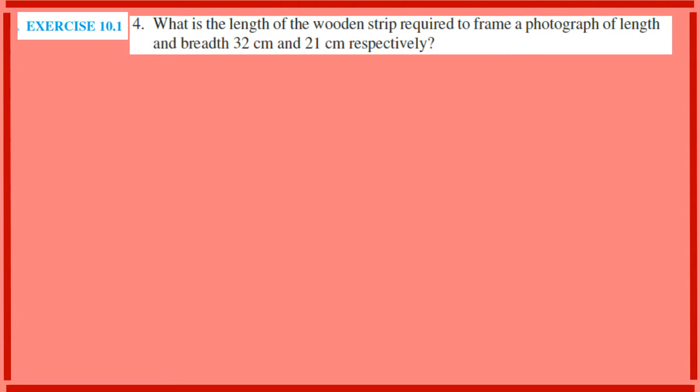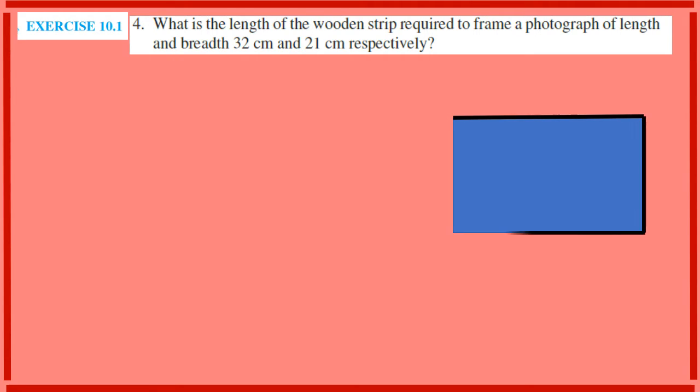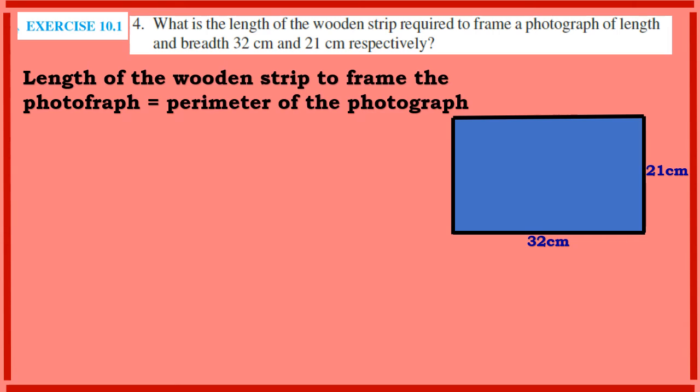What is the length of the wooden strip required to frame a photograph of length and breadth 32 centimeter and 21 centimeter respectively? So this is the photograph. We have to frame it. Frame means the boundary. So we have to find the perimeter of the photograph.